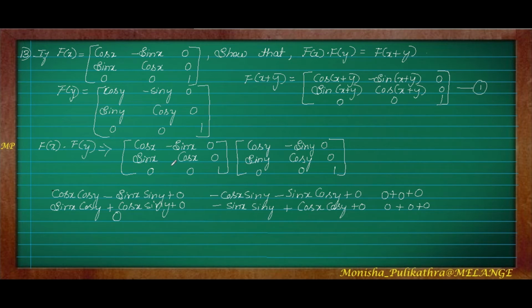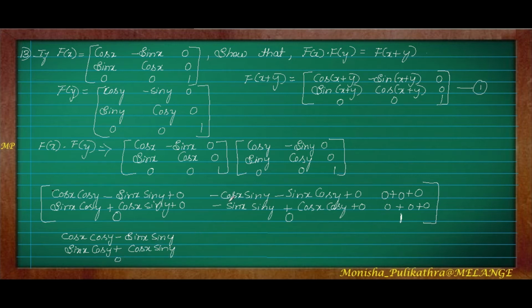So here the first column will become entirely 0. 0 into 0 is 0, again this will be 0, and the second column with the third row, here also all the terms will become 0, whereas in the third column, 0 into 0 is 0 and then 1 into 1 is 1. So the last column will become 1. So here cos x cos y minus sin x sin y, and sin x cos y plus cos x sin y, and a 0 here.